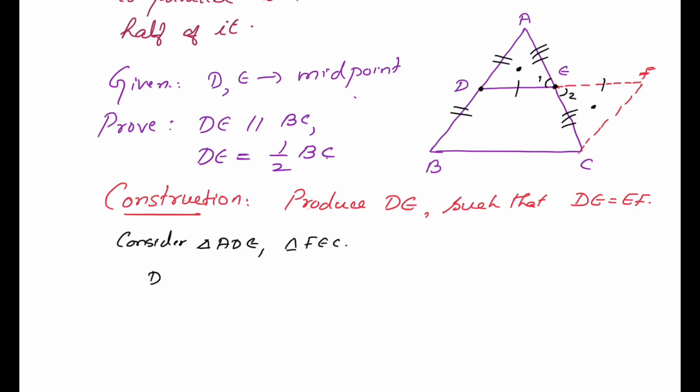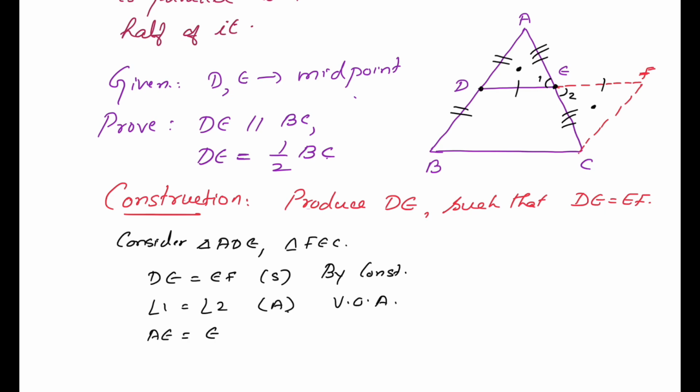We will start with DE equal to EF by construction. Then angle 1 equal to angle 2, vertically opposite angles, and then AE equal to EC, given E is a midpoint.